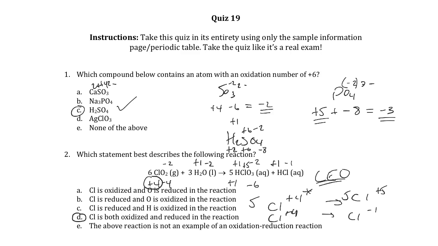Loss of that electron is oxidation. And then chlorine here is picking up 5 electrons, so it's gaining electrons. This chlorine atom going to the Cl- is the one being reduced. It's gaining 5 electrons that were given off by the other chlorine atoms.